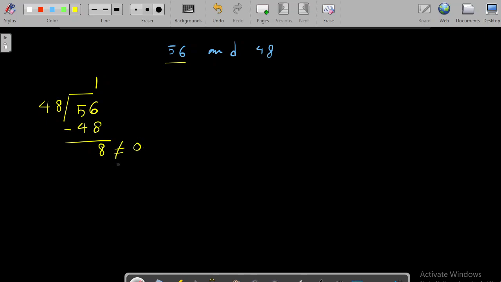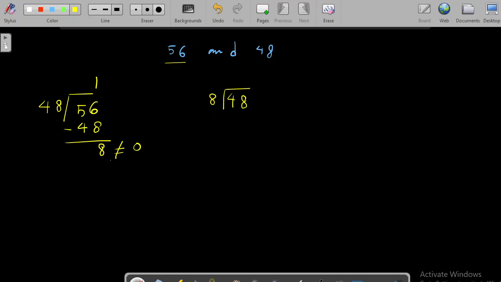Since the remainder is not equal to 0, we will not stop here. We will divide the smaller number 48 by the remainder. We will continue this iteration until the remainder comes 0.